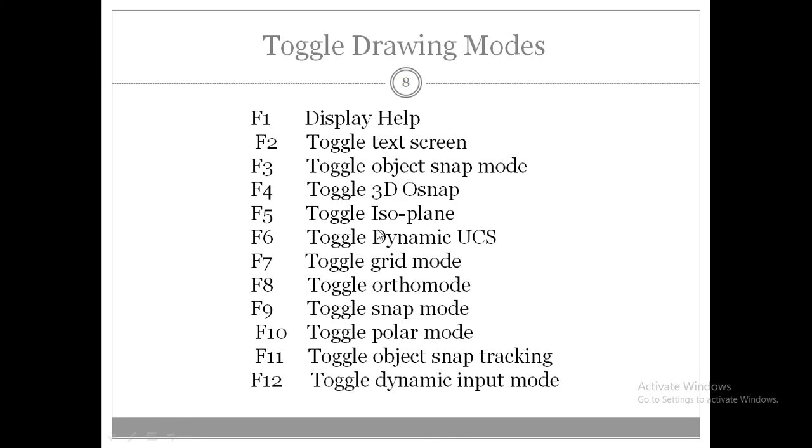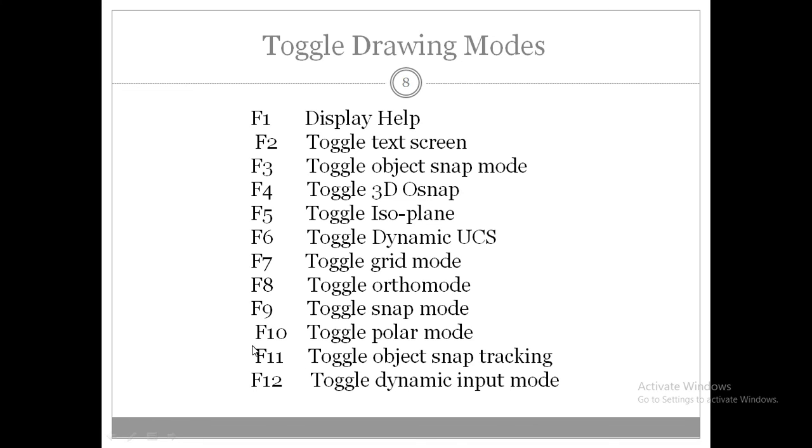F6 will open the dynamic UCS. It will show the coordinates. F7 grid mode will be there. For grid mode on and off we use F7, and for ortho mode we use the F8 function key, and for snap mode we use F9.